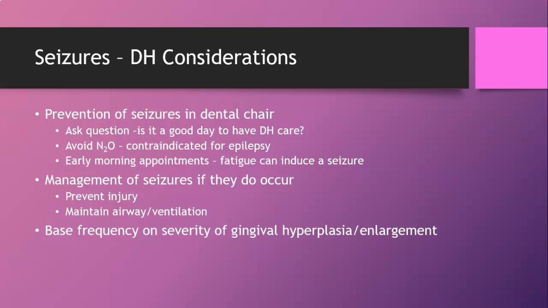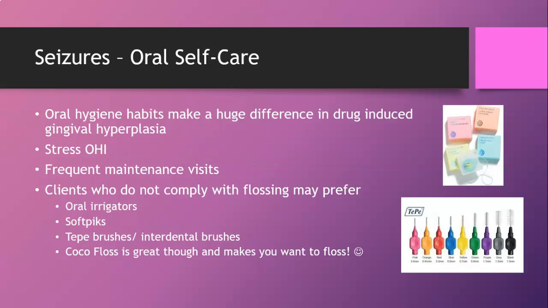Are they building up plaque biofilm because they're just not doing a good job, and so we have to talk to them about the benefits of reducing the bacteria and the effects that has on the hyperplasia. So we're just going to base it on their individual needs and their risk factors and what we see in their mouth when we do our assessments.